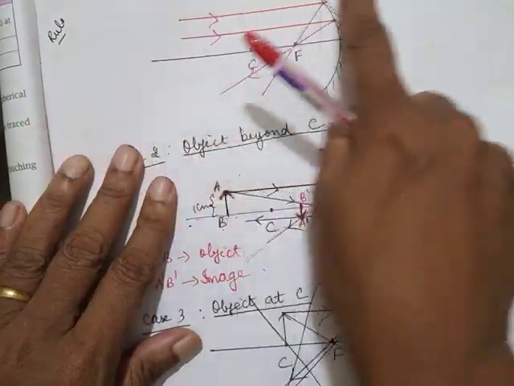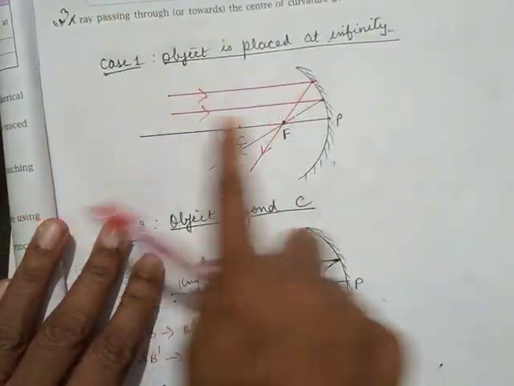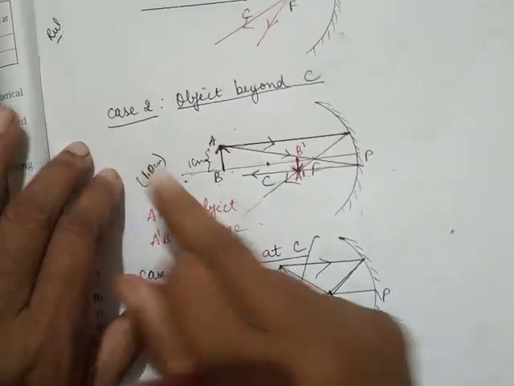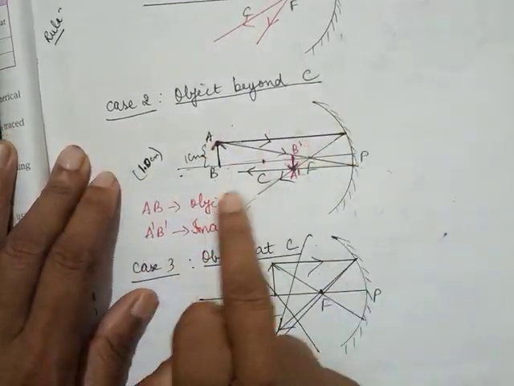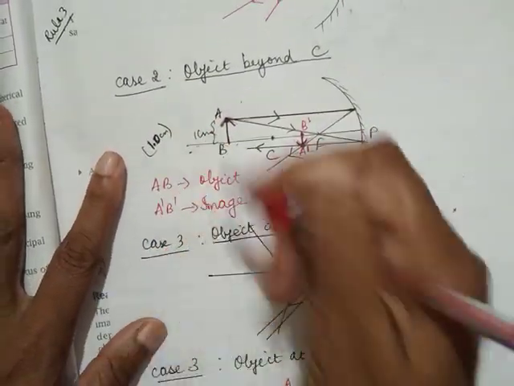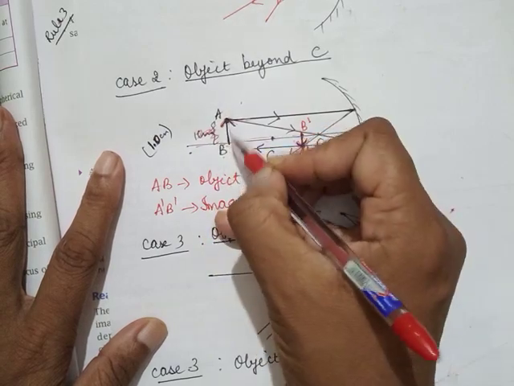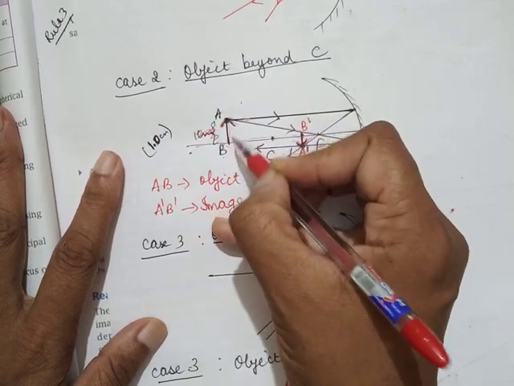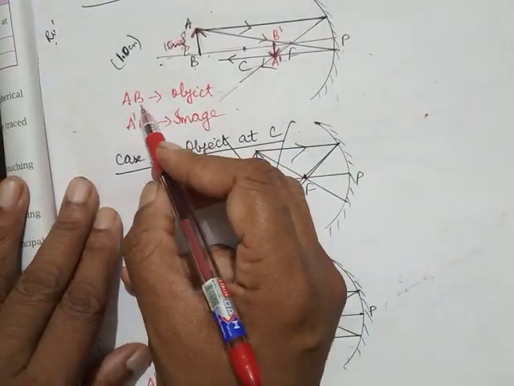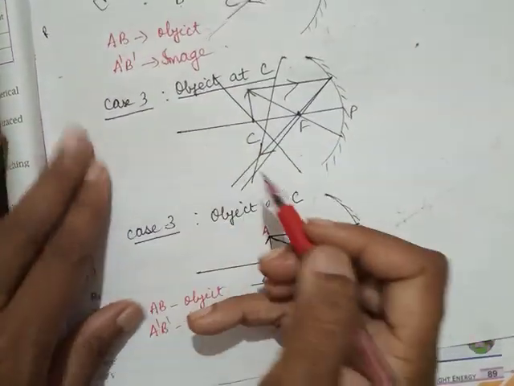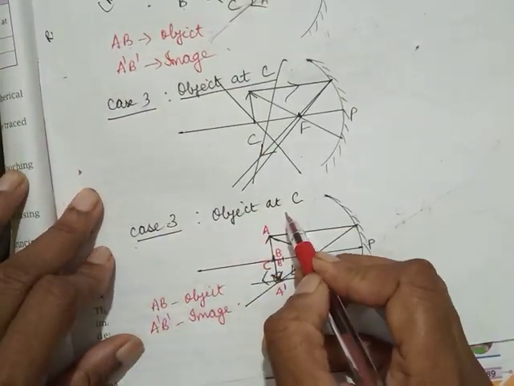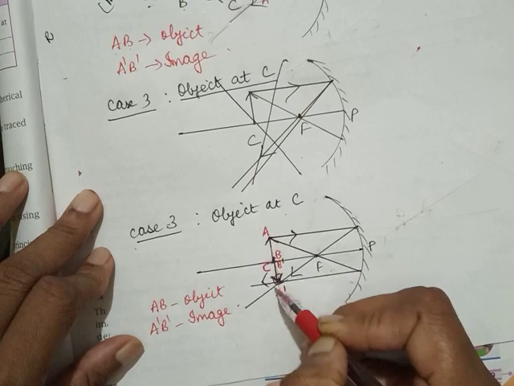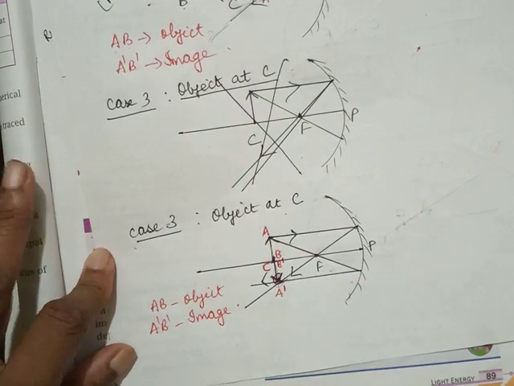Case 1, object at infinity, and draw these diagrams. Case 2, object beyond C. Draw this diagram. You don't have to show all this, but when you draw, keep in mind, take this as 1 centimeter. AB is object, A dash B dash is image. Case 3, object at C. You'll have an object here and image is also here.